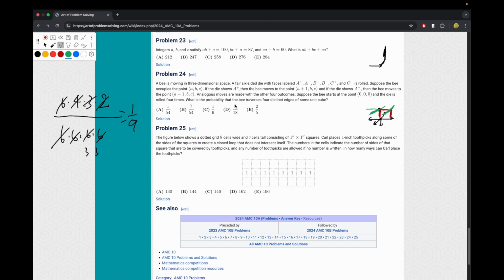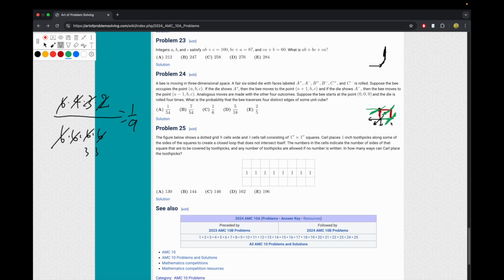What is the probability that the 4 distinct edges? It can go here, can go there. It cannot go down, it cannot go here, it cannot go up again. It can go... Oh wait, it can go here. It can go here, right? It can go here, can go there.